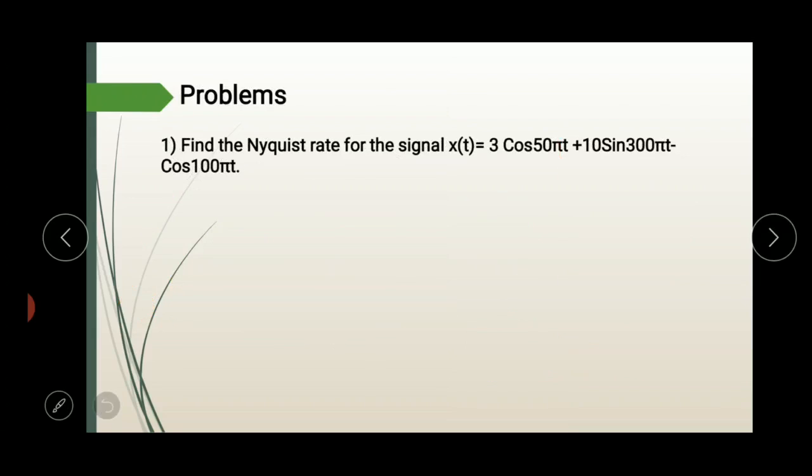Next are some related problems. Find the Nyquist rate for the signal x of t equal to 3 cos 50 pi t plus 10 sin 300 pi t minus cos 100 pi t. From this, first we have to find the maximum frequency of this signal.